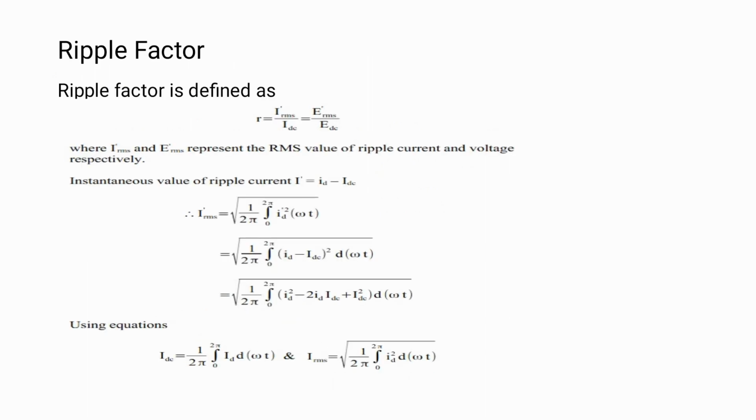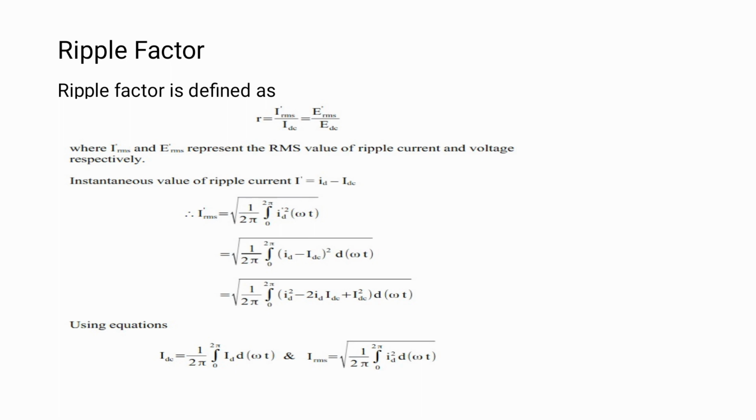And this is the ripple factor. In case of a half wave rectifier, we have pulsating DC. The pulsating output of the rectifier can be considered to contain a DC component and an AC component, which is called ripples. The ripple current is undesirable and its value should be smallest possible in order to make a rectifier very much effective.